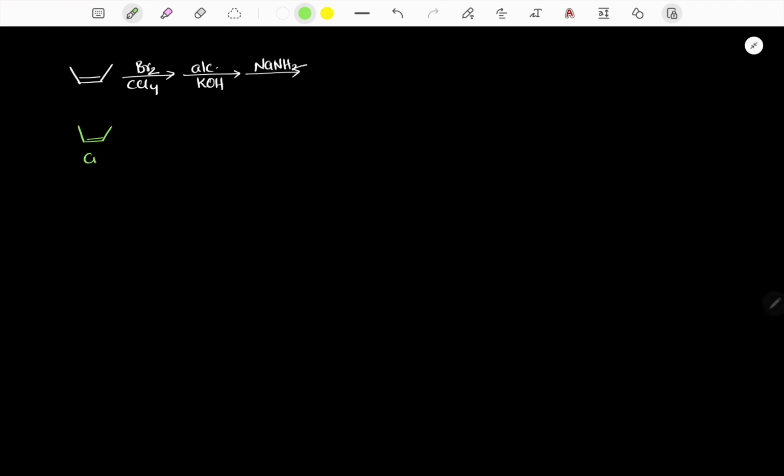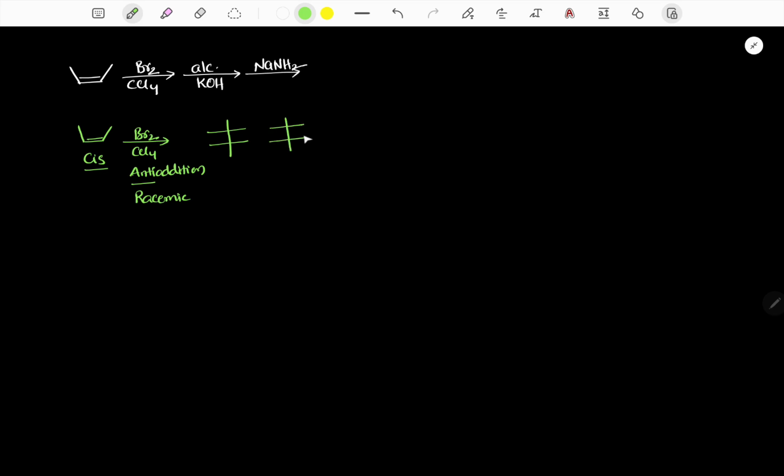Cis-2-butene is treated with Br2/CCl4. It undergoes anti-addition. So cis compound with anti-addition forms the corresponding racemic mixture. How to write the racemic mixture here?